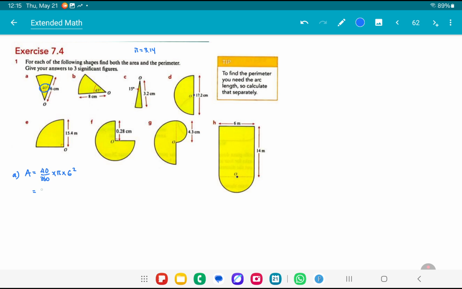So the final answer equals 12.56 centimeter squared. In three significant figures, we got 12.6 centimeter squared.